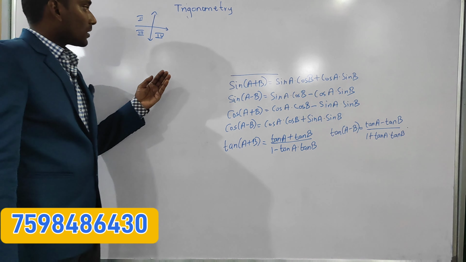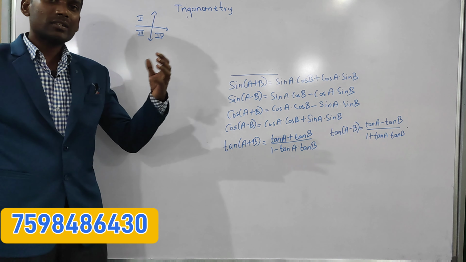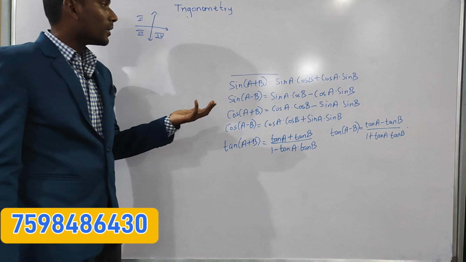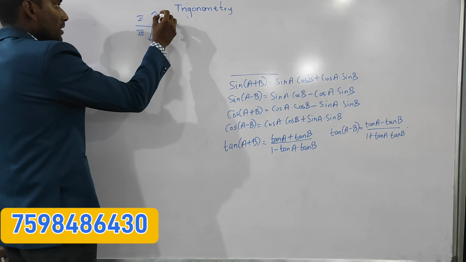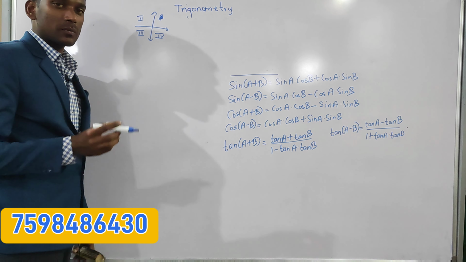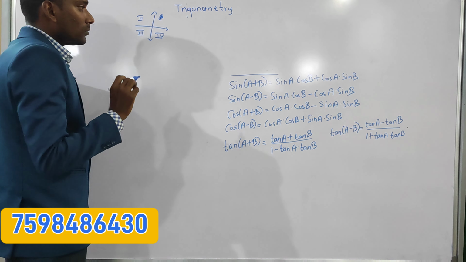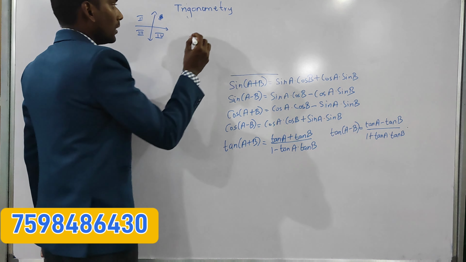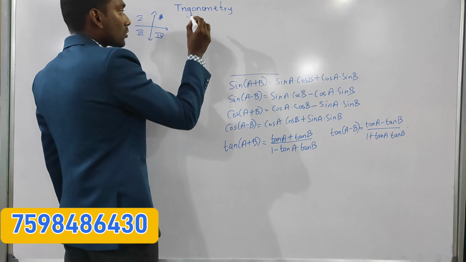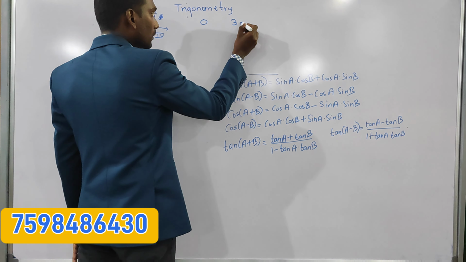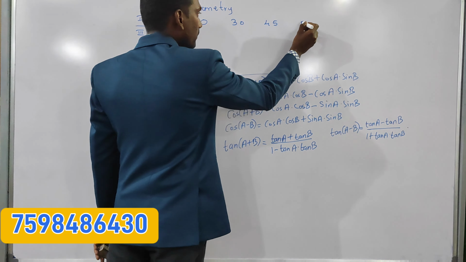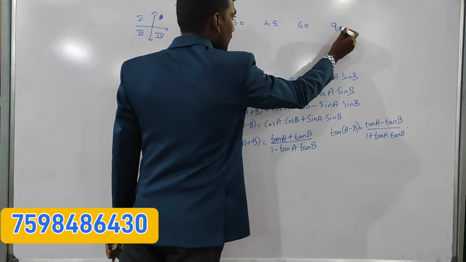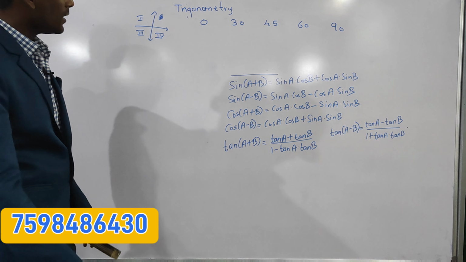So if you study trigonometry keeping an eye on 10th standard or that level of trigonometry, all your angles will be in this first quadrant, between 0 to 90. And now the NCERT have prescribed the syllabus for the 10th standard, that is they ask angles of 0, 30, 45, 60 and 90.